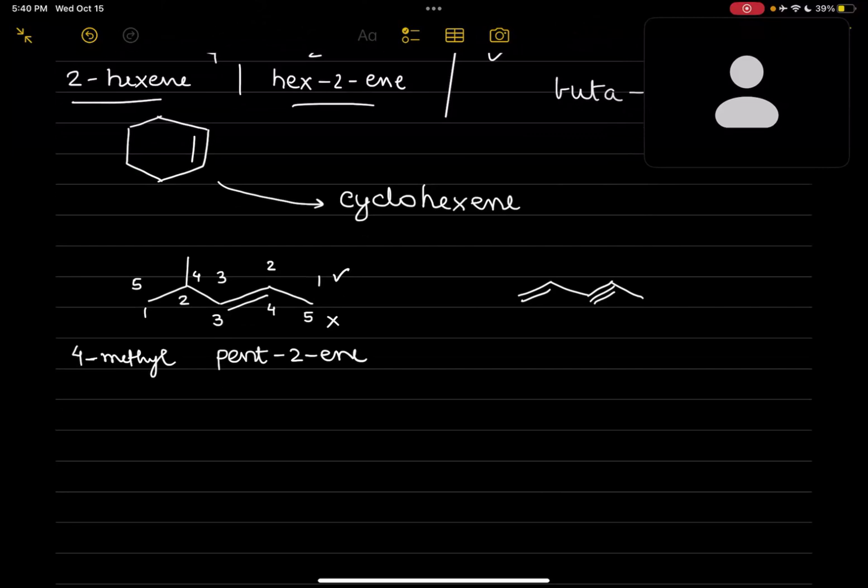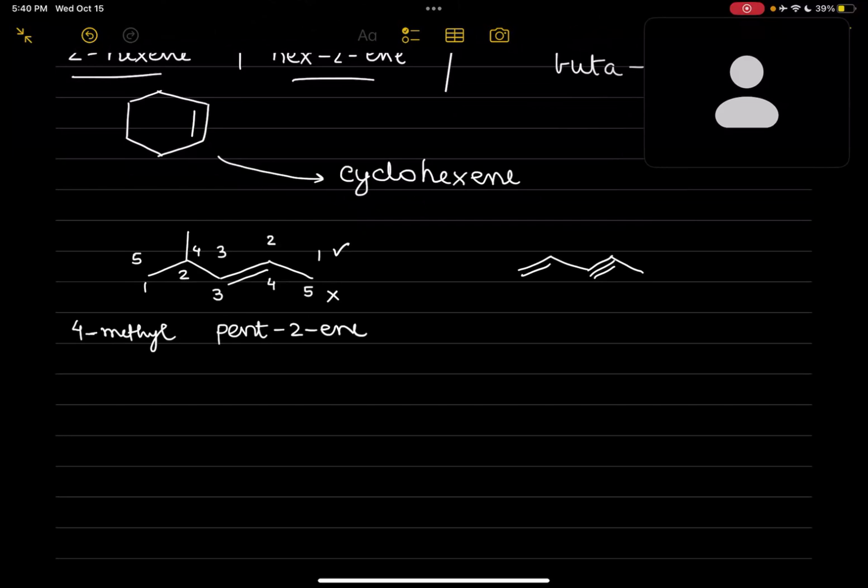What is the name of this compound? The word root is 5, so it is pent. Now for the primary suffix, we have two candidates: double bond and triple bond.